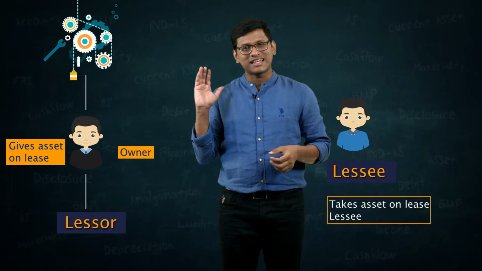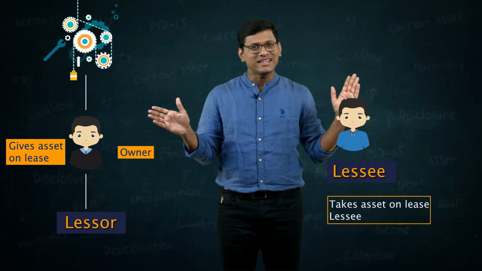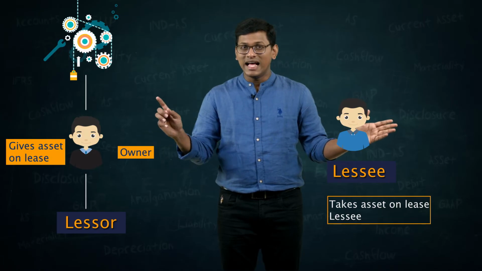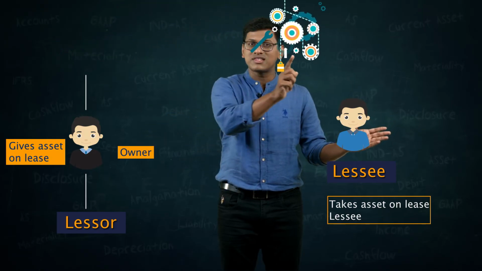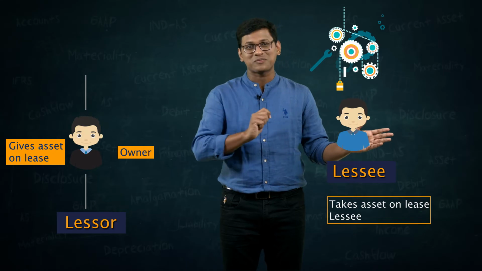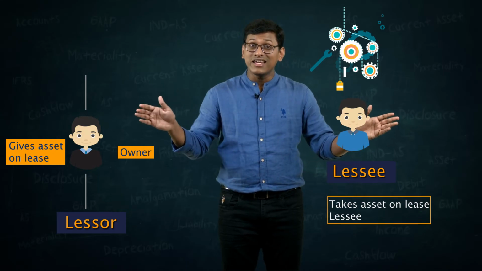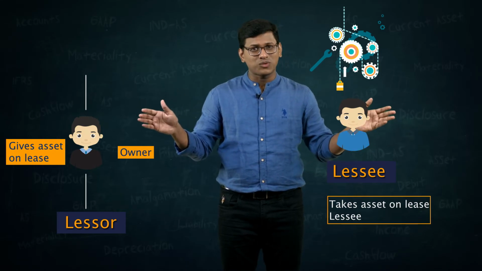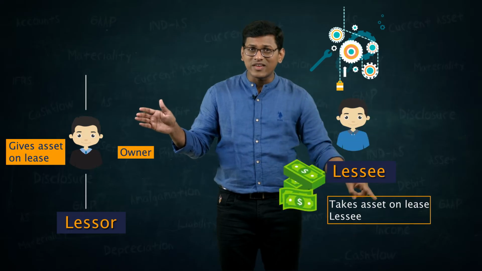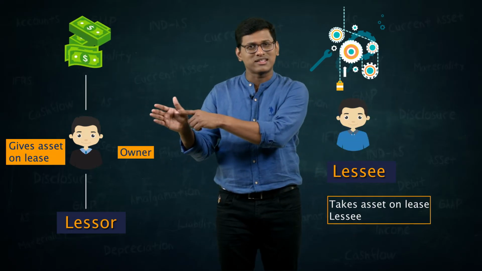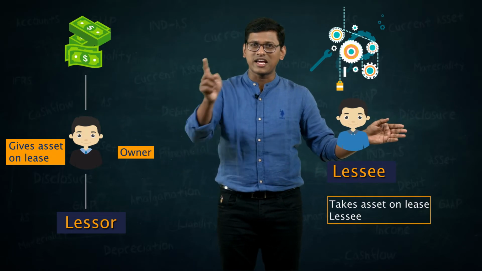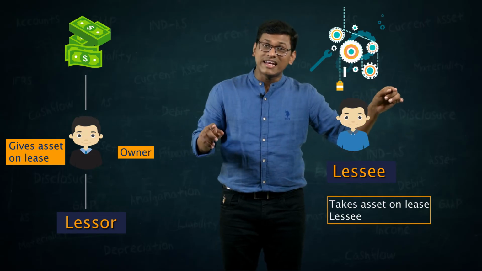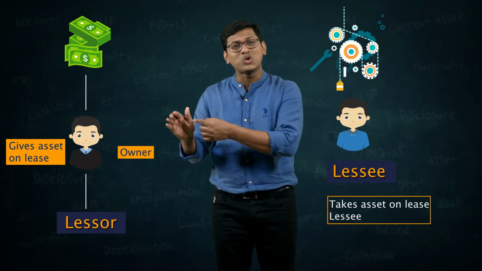Okay, there is a lessor and there is a lessee, right? Lessor gives the asset to lessee. Lessee, in return for the asset whatever is taken, will pay money to lessor, right? So lessor gave asset and lessee gave money to lessor.